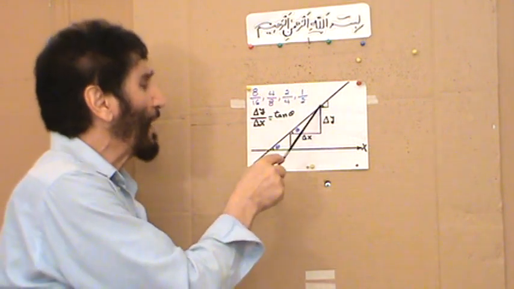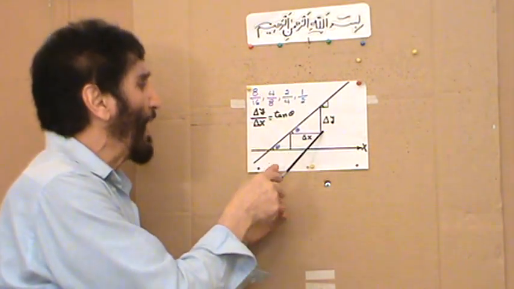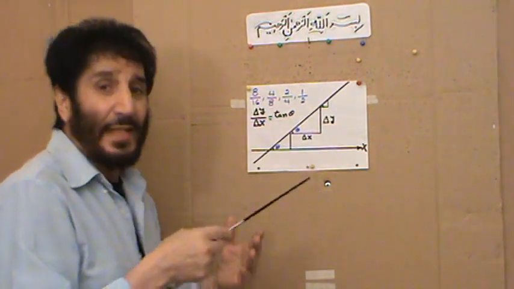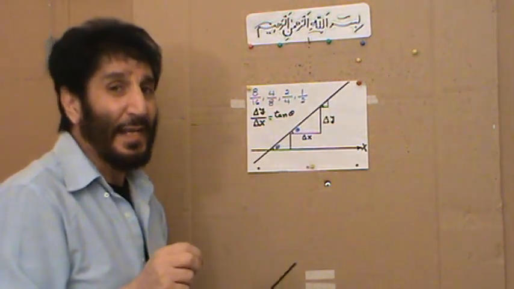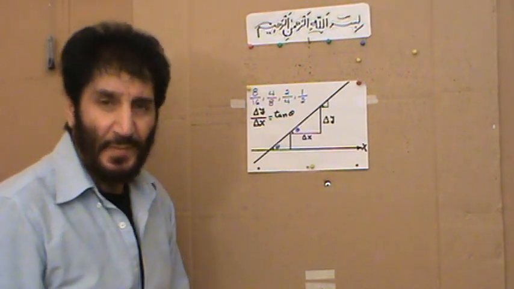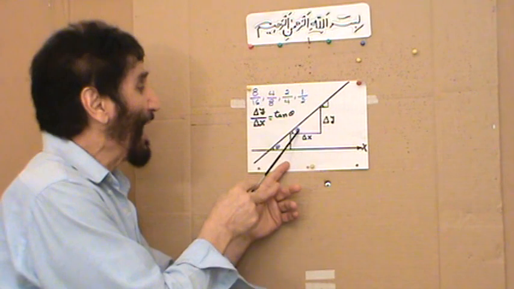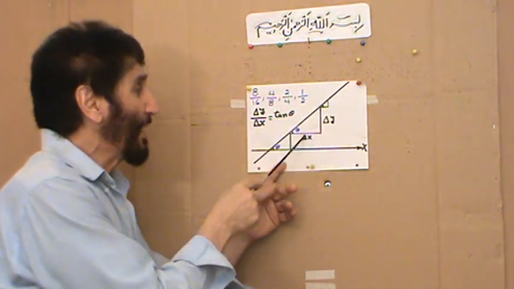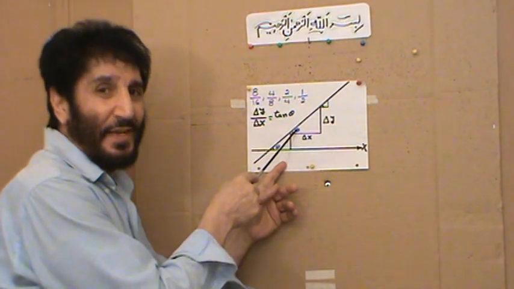We came up with the analytical definition of a slope to be delta y over delta x. But delta y over delta x, we know a little bit about it from trigonometry. This will be the tangent of this angle. So this over this is the tangent of theta in this case.